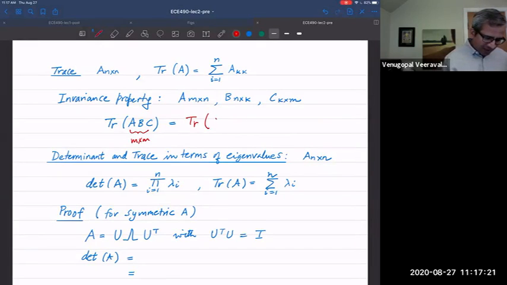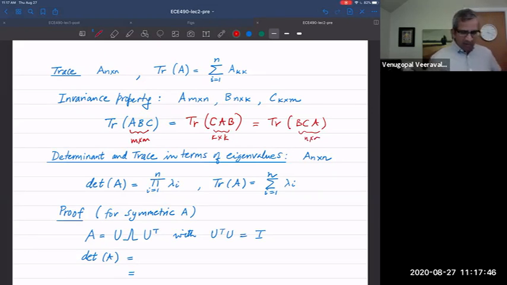It's kind of a rotation invariance. CAB is a k by k matrix. And this is the same as the trace of BCA, which is an n by n matrix. So all these three matrices have the same trace.